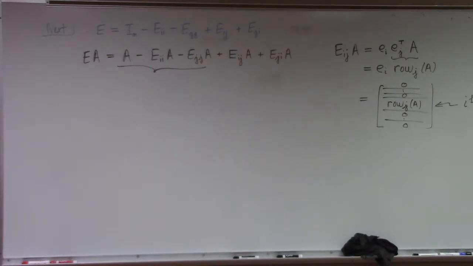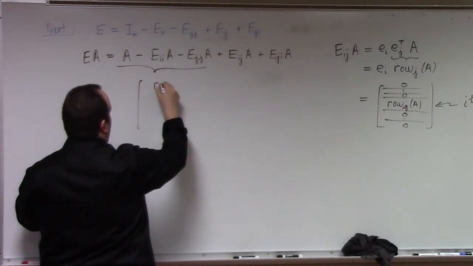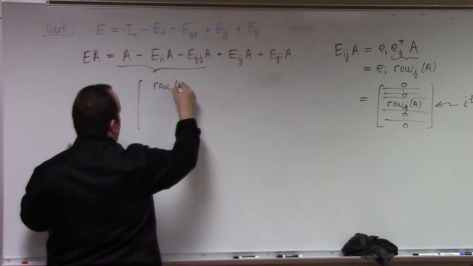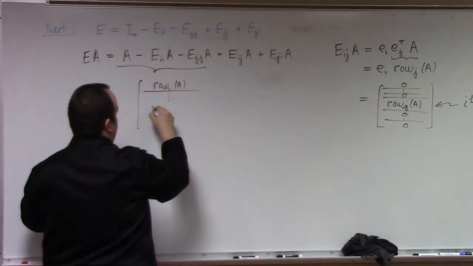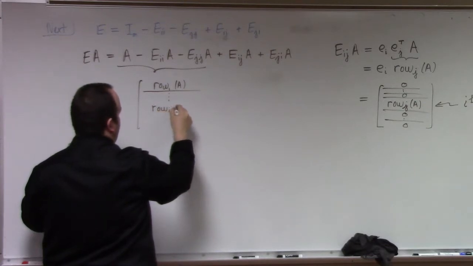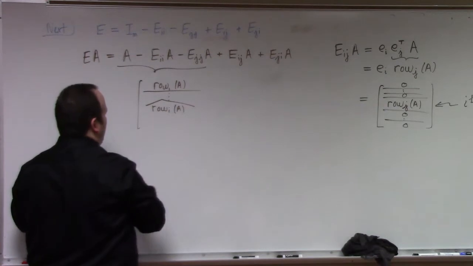Think of those together. What you're looking at is the matrix with the ith and jth rows removed. It just subtracts off the ith and jth row. So this basically gives you row 1, and so on. Here's a notation for deleting something: you put a hat on it. Deleted. Well, that's not what I want. I want it to be 0.